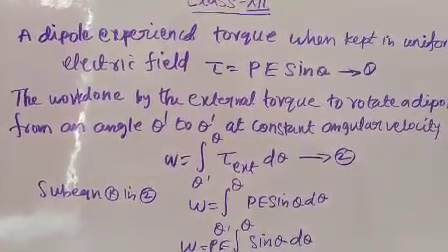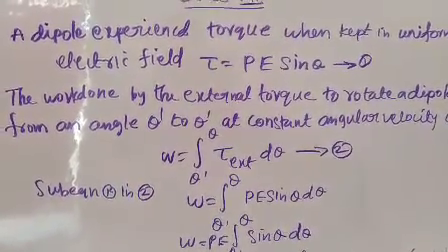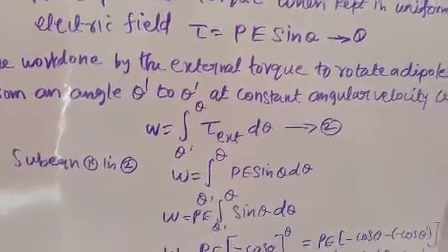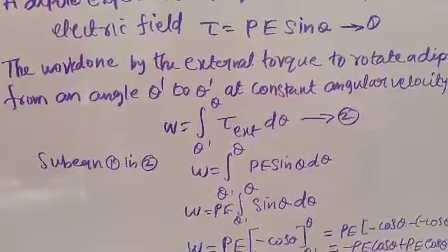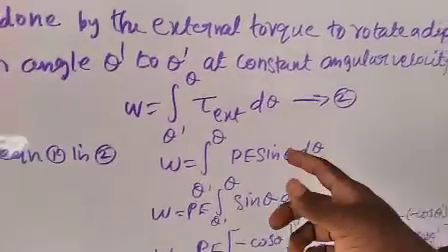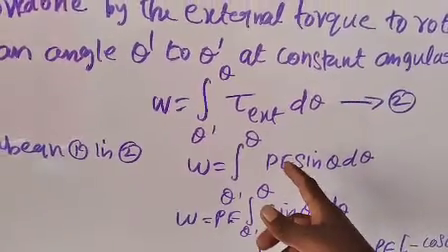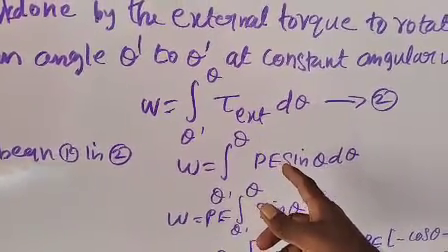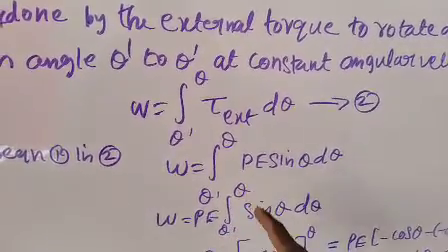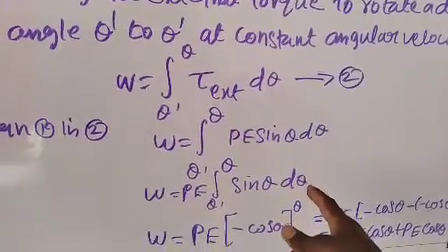This is equation 2. Substitute equation 1 in equation 2: W equal to the integral from theta prime to theta of P E sin theta d theta. Here P E is a constant term and is not integrated, so taking it outside the integration, we have the integral of sin theta d theta.